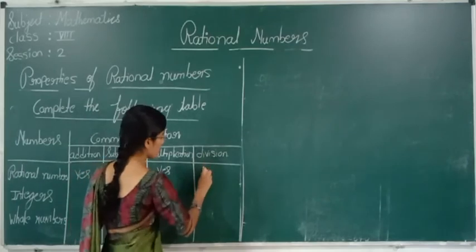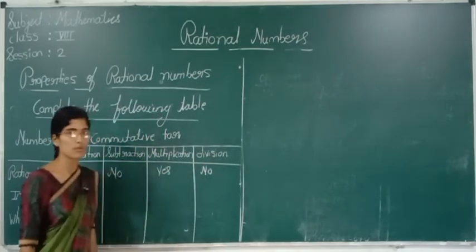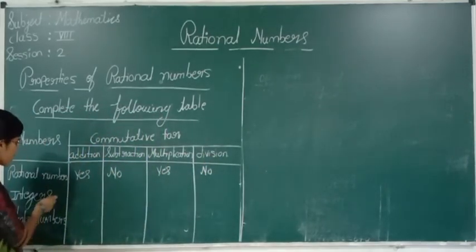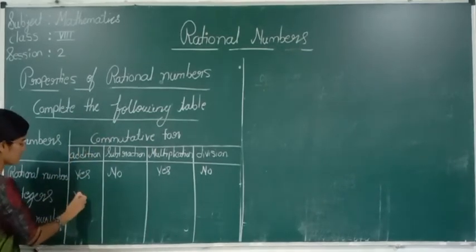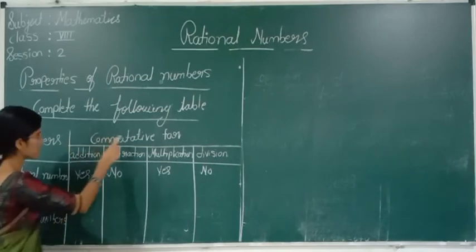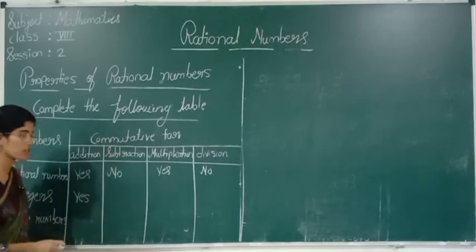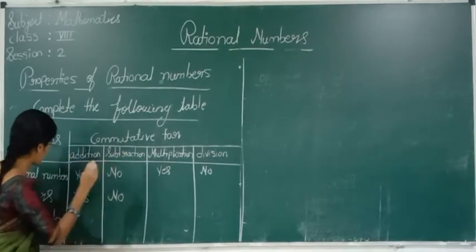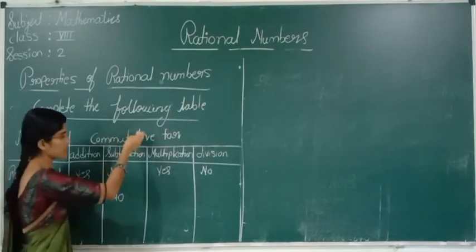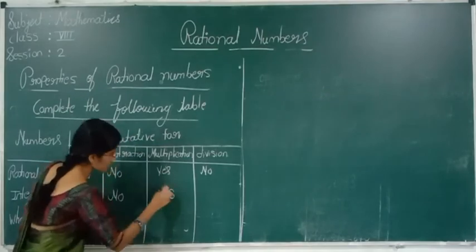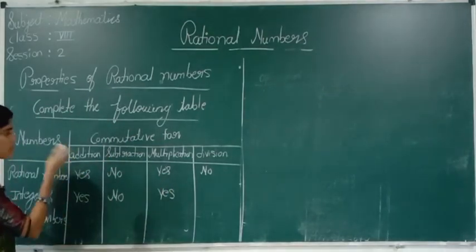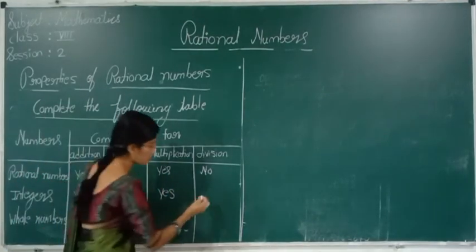No. Are integers commutative for addition? Yes. Are integers commutative for subtraction? No. Tell me whether integers are commutative for multiplication? Yes. Are integers commutative for division? No.